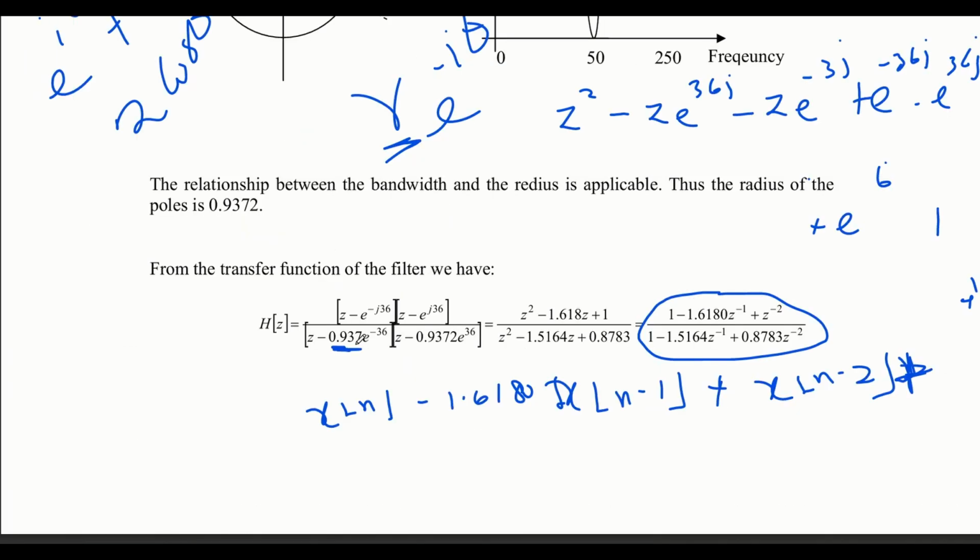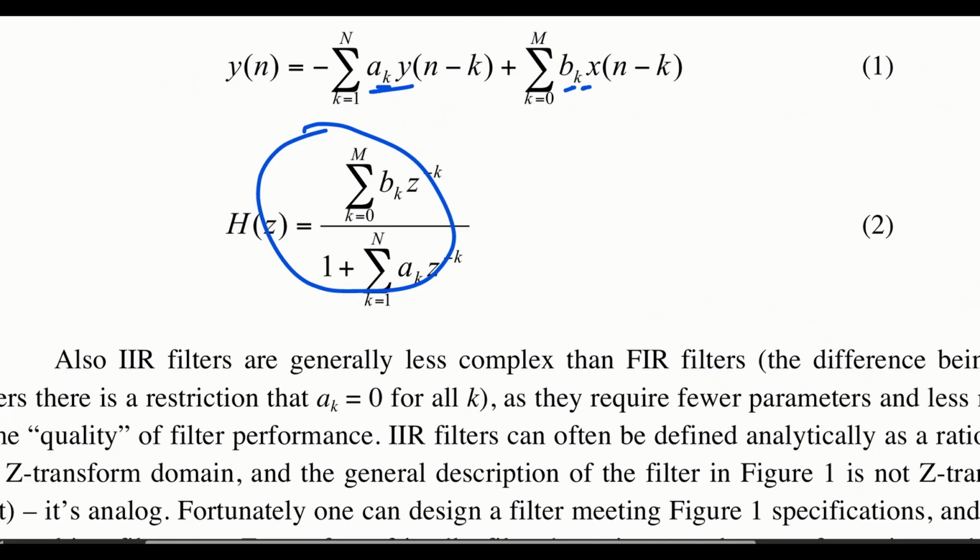Then we have the remaining of our equation. So realize that the remaining of our equation is what? Minus 1.5164. Okay, but because this one is a minus, right, and the one we have here is a plus, we have to take our time.